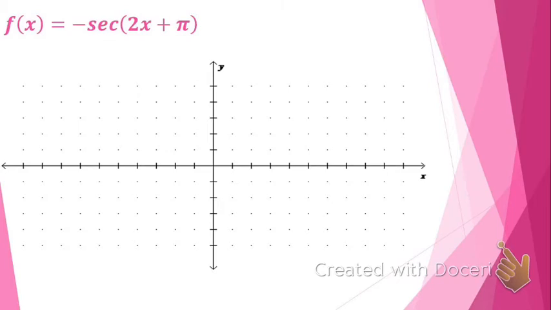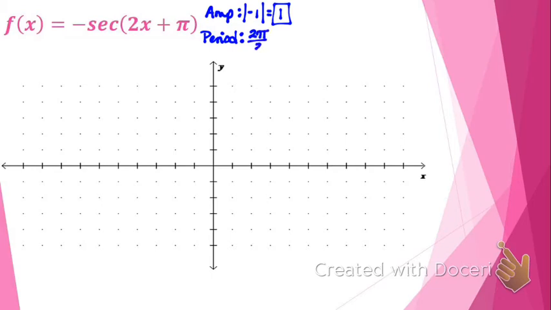Do I need a midline shift? No. What's my amplitude? Close. My amplitude is 1, because remember it's the absolute value of -1. So my amplitude is just 1. What is my period? Pi.